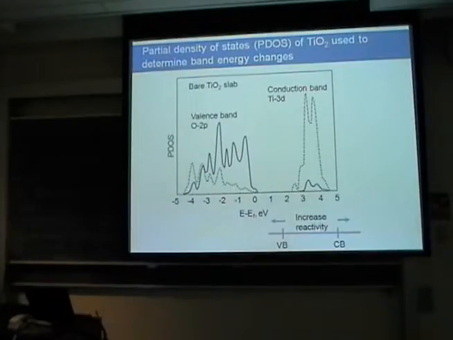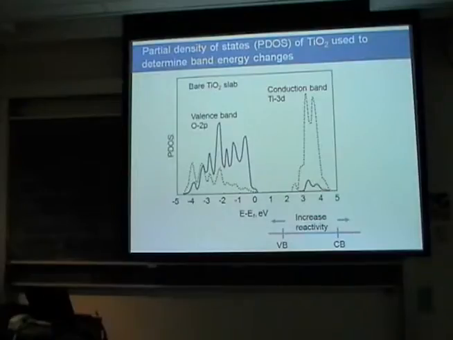So you're increasing the driving force the further below the conduction band you are. And conversely, the further above the valence band position you are, the faster the reaction will go, the higher the potential on that end. So there is a greater driving force for the transfer of electrons to holes.